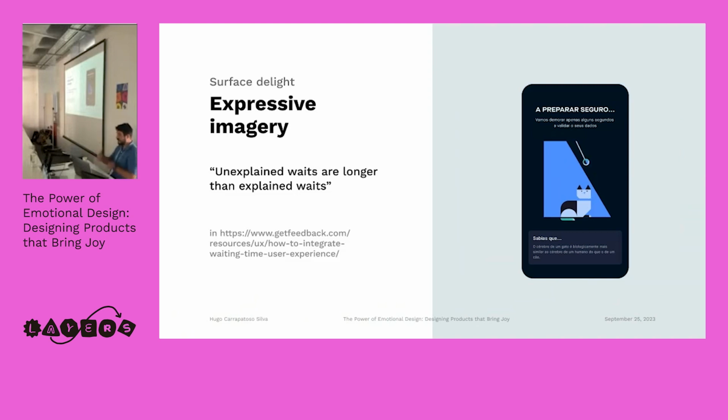That's why we created this illustration with animation, to actually explain at the same time why it's taking so long. The title and the description also help to do that, but it also has a fun fact about cats. So in this case, you create empathy, but it's also a good way to distract the user, in a good way, of course.